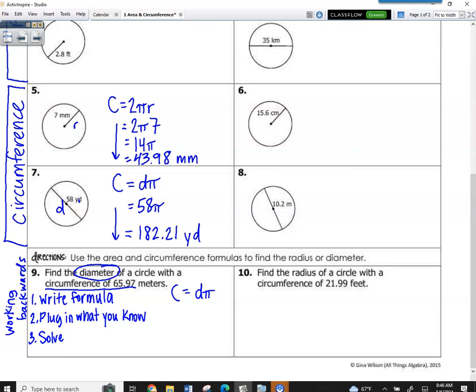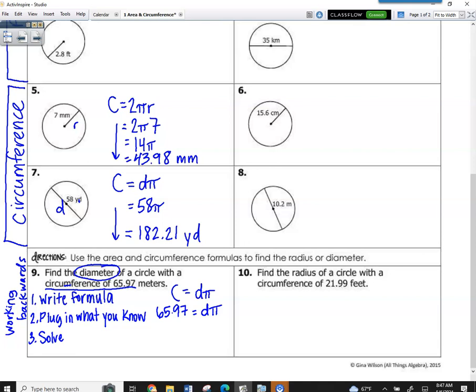Copy the formula. Plug in what you know. I know the circumference is this decimal. I'm going to replace C with 65.97. I'm going to bring the right side down. And now you can see that you've just created an equation and you have one variable, and that's the variable you need by itself. What do I need to move to get D by itself?